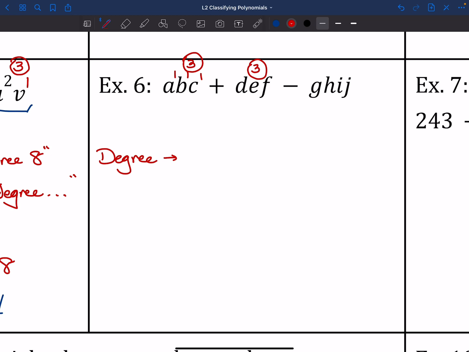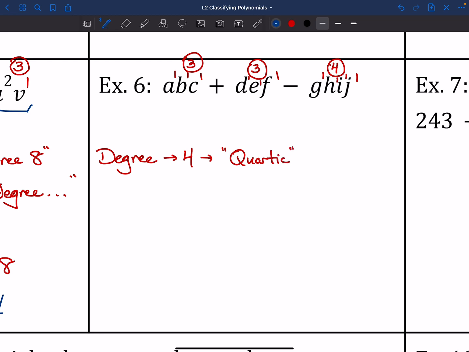This last one over here has 4 different variables, each one with its own little first power on it, just like all these other ones. So that one has a degree of 4. So that's what I'm going to choose overall, a degree of 4. Again, we call it a quartic when we've got degree 4.